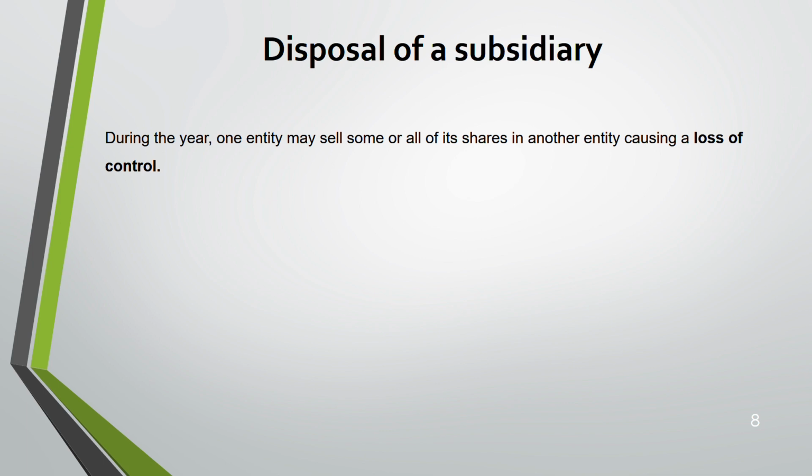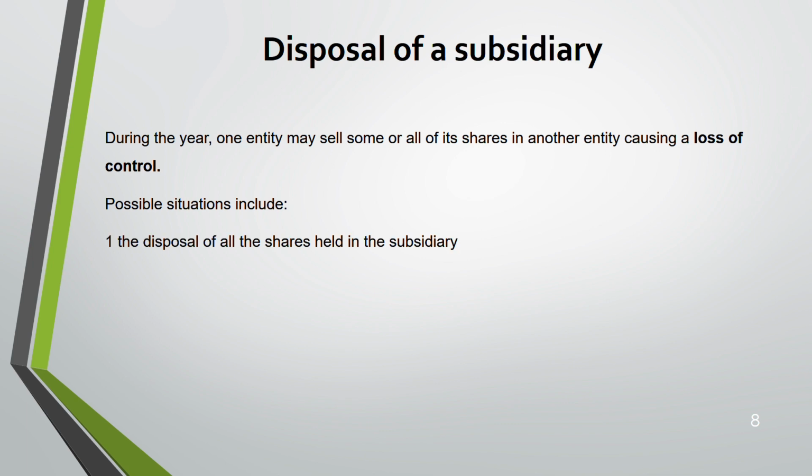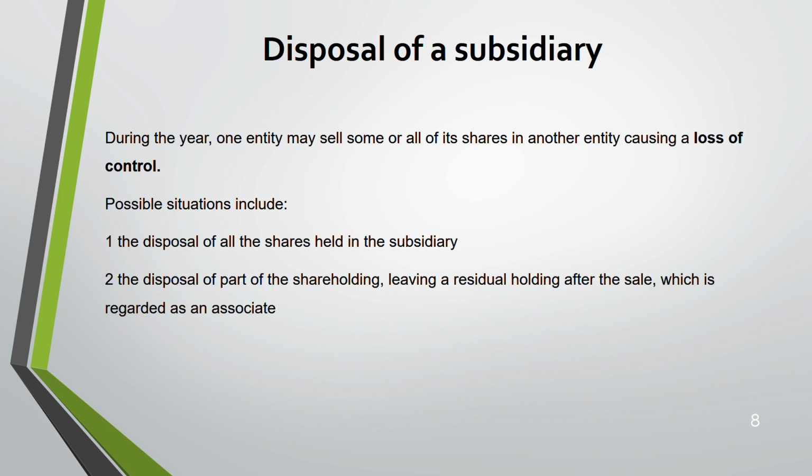There it was gain of control, here it's loss of control. Maybe you have disposed all the shares in the subsidiary, or you have disposed partially, but the residual after the sale is so small that it's less than 50%. That means it's an associate. Or if it's less than 20%, it's a financial instrument. But whatever the case is, you're losing control.